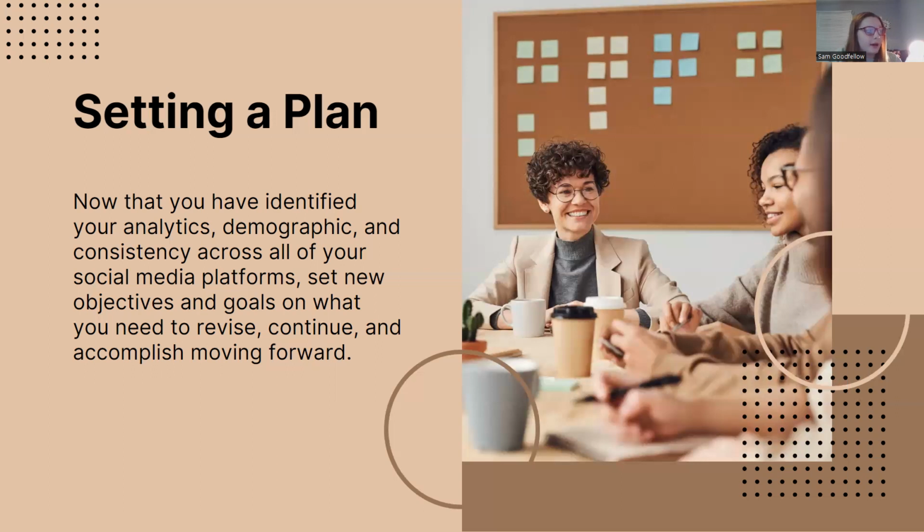If you have an objective or a goal you want to meet, like, well, how can I drive revenue up or get more traffic to my website from my social media platforms? Maybe setting a goal on how you can do that, maybe featuring some of your top selling products in your social media posts, things of that nature as well. And then just kind of revising what you're going to do in your social media platforms or continuing some things that you have going well, like in your top performing posts. And then how you need to accomplish those goals moving forward, what you need to do to accomplish those goals.